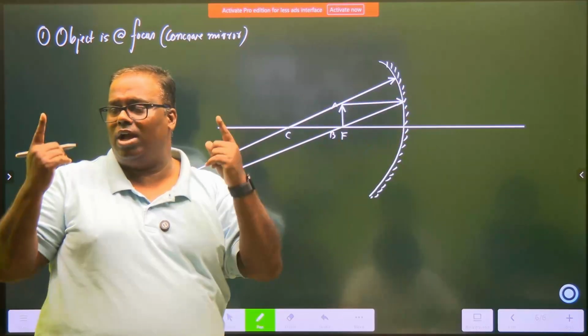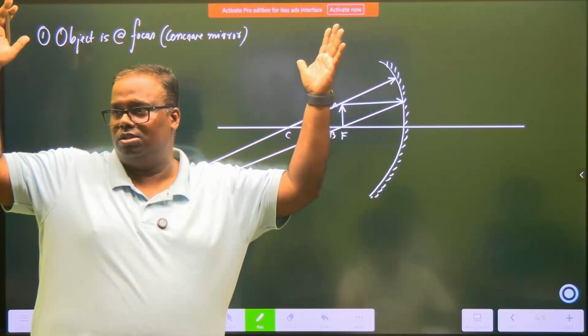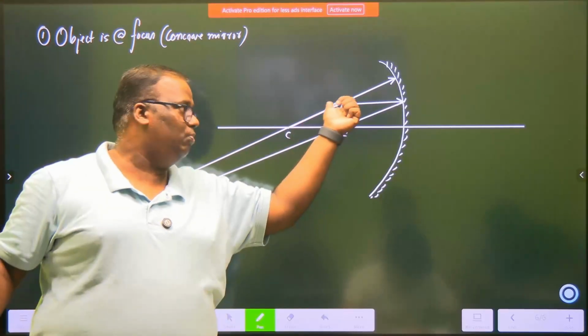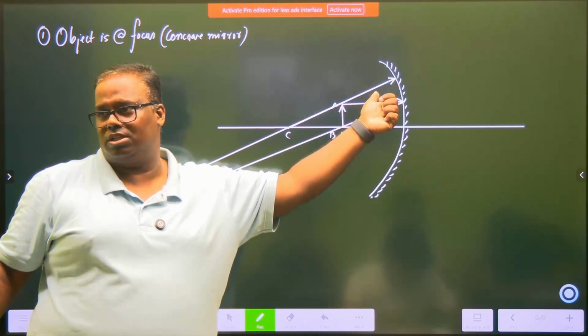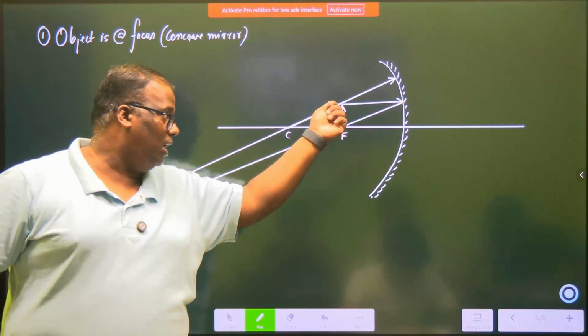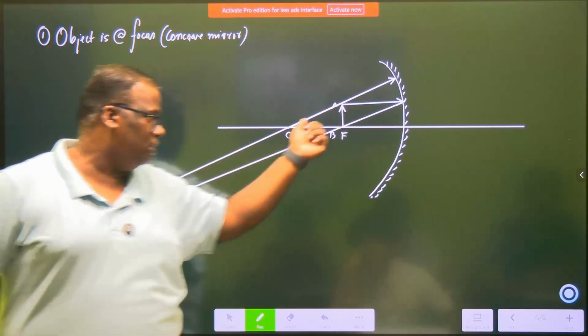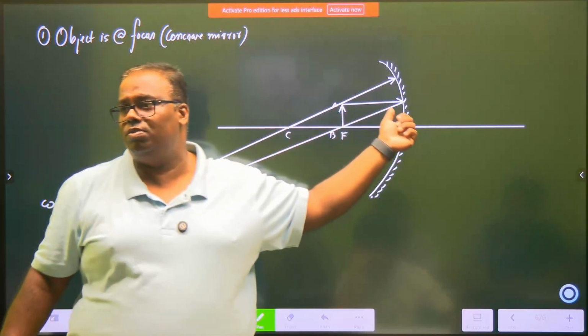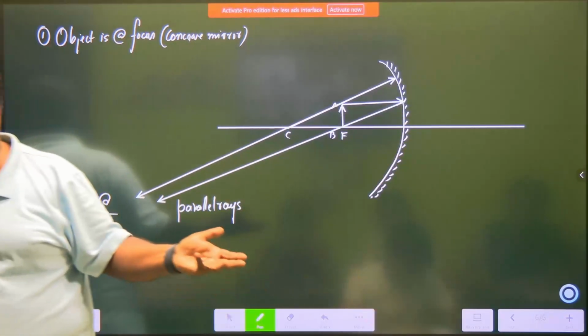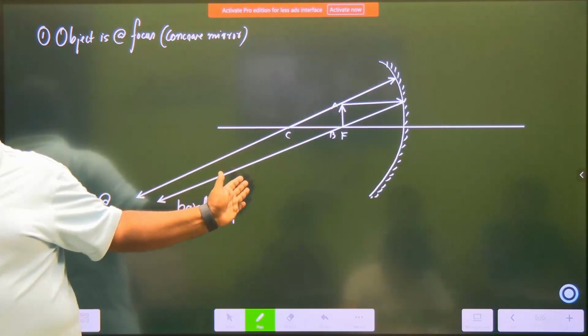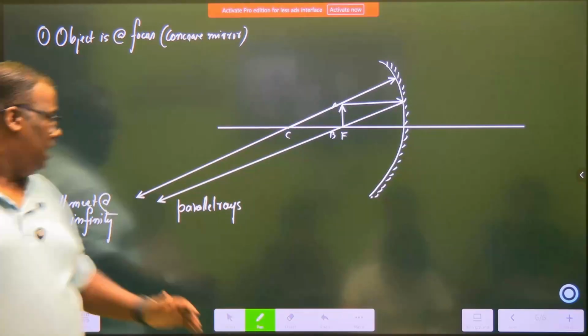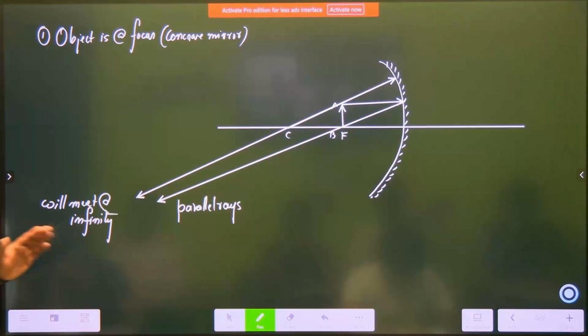It is not one ray which comes out; many rays come out. Don't you think there will be one ray coming out from the head of the object which is actually originating from the center of curvature? That ray should come back undeflected. That's what has happened here. Is that fine? And the rays will meet at infinity.